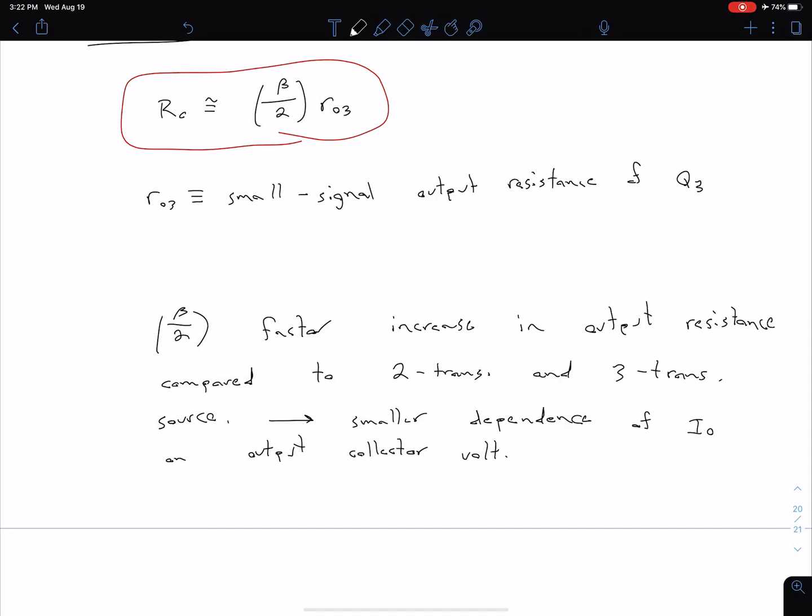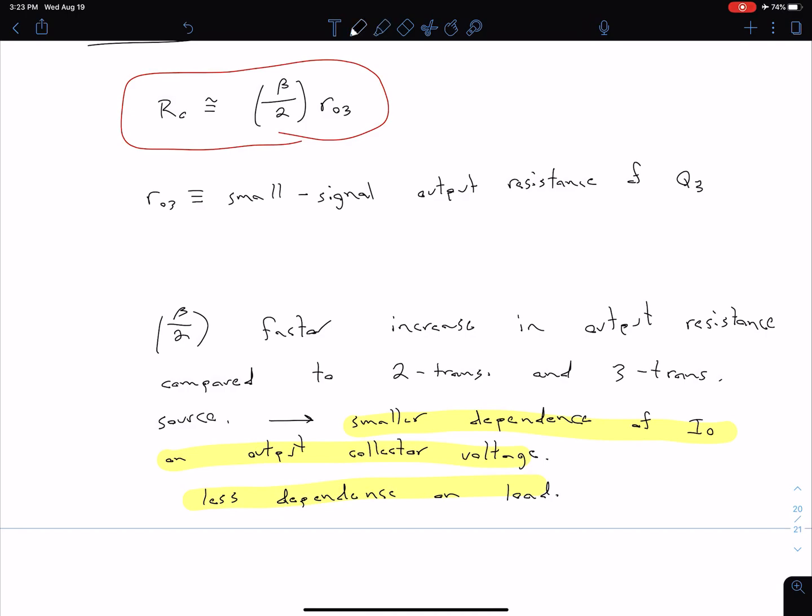And so like we looked at when we were talking about loading and the early effect, ultimately what this means is we're going to have less dependence on the load. Because as that load is changing, as load conditions are changing, that's going to oftentimes cause our collector emitter voltage in our current source to change. So here we see the smaller dependence of I out on output collector voltage, which we could also say is less dependence on load conditions.